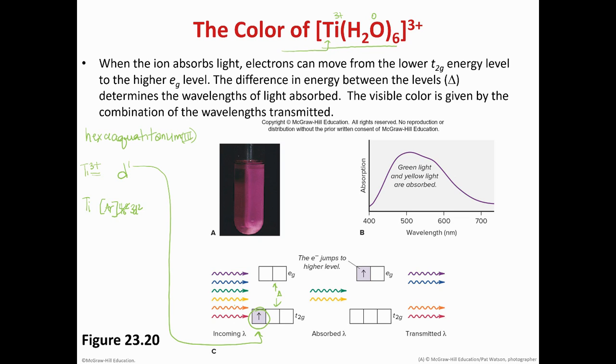What will happen is that it absorbs light that's within that greenish yellow that promotes the electron to the higher d orbital. The rest of them are transmitted.